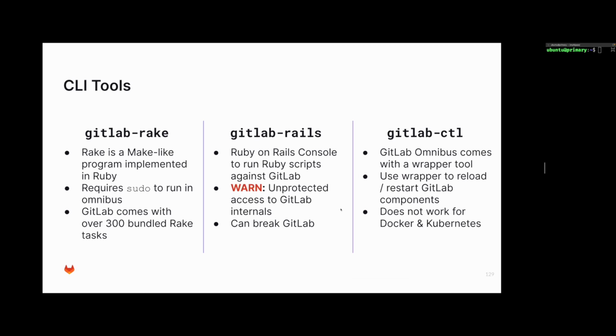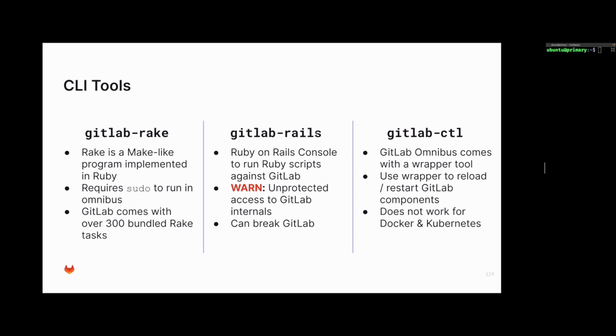Then looking at the CLI tools, we have three. We have made more, but these are the three main ones. GitLab Rake, which is like a make-like program to define all kinds of tasks, and these tasks are small scripts that run on the system for all kinds of administrative purposes.